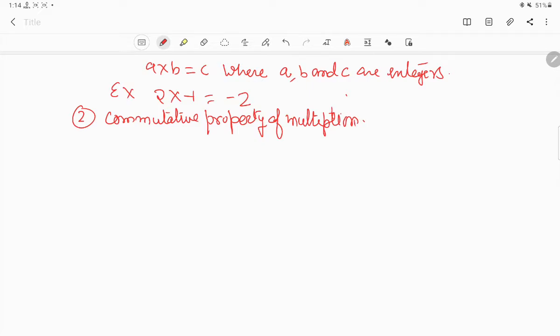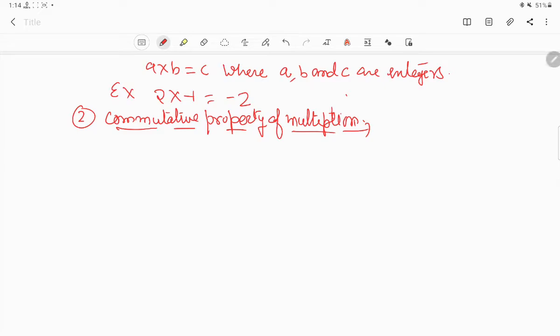In multiplication, the commutative property states that if you multiply two integers, their product remains the same after interchanging the integers.